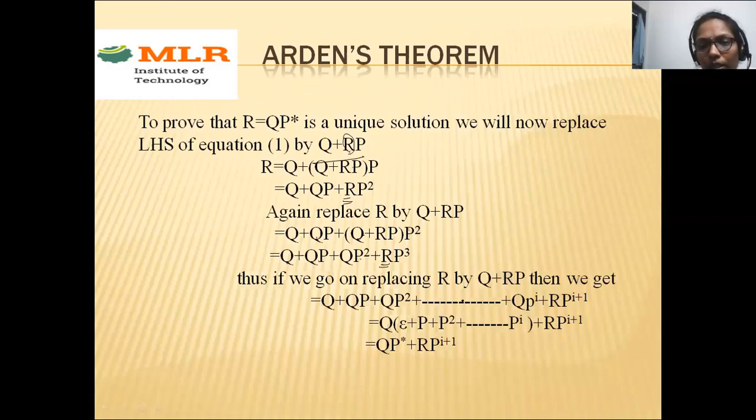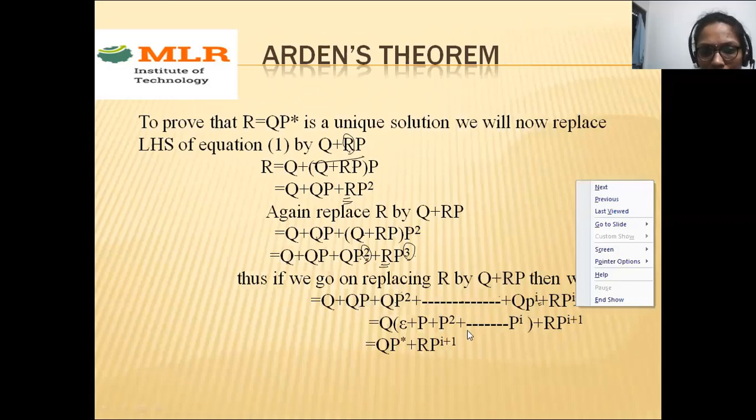Now after some iterations, what is the value I'll get? This is the value: Q plus QP plus QP square and so on. If the power here is 2, what is the value here? 3. That means if the power is I here, I should get I plus 1.